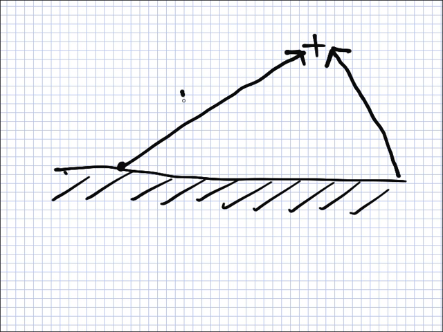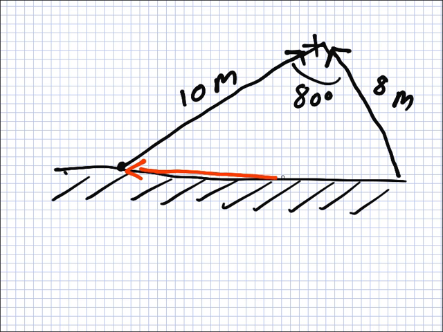Let's suppose this distance is 10 meters, this distance is 8 meters, and this angle here is, let's say, 80 degrees. And we would like to know this distance here.